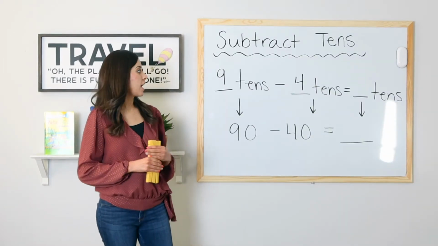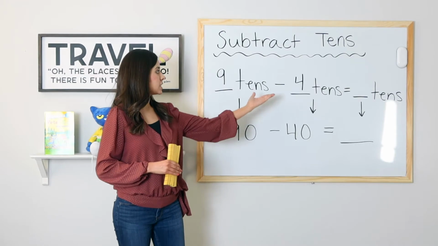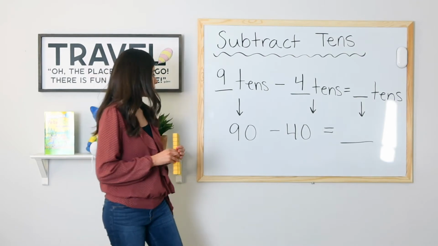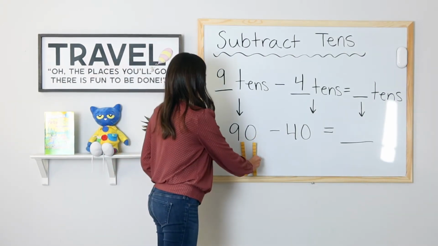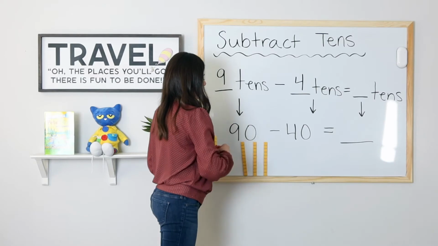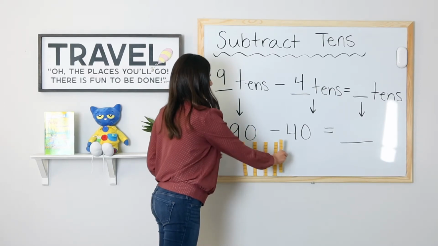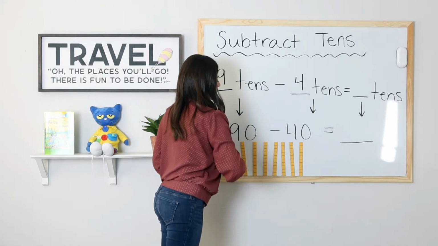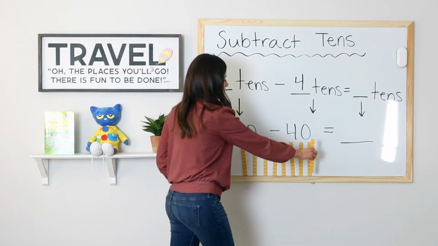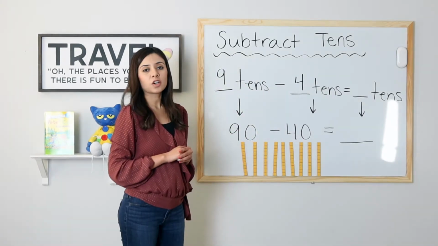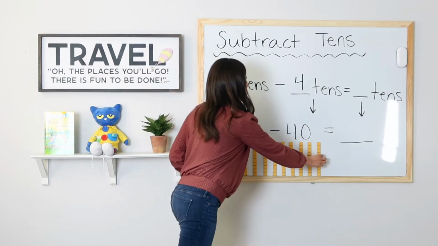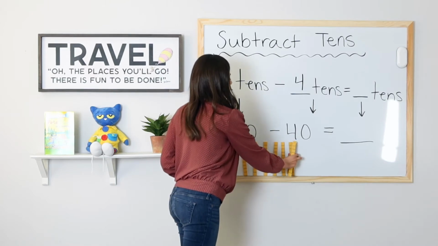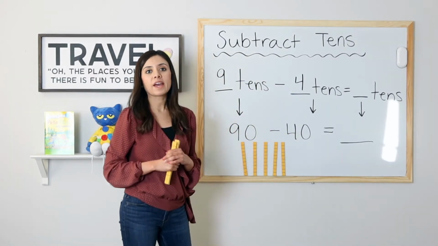Example 3. I have 9 tens minus 4 tens. Ready? Let's hold up 9 tens and take away 4. 1 ten, 2 tens, 3 tens, 4 tens, 5 tens, 6 tens, 7 tens, 8 tens, and 9 tens. Let's take away 4 tens. 1 ten, 2 tens, 3 tens, 4 tens. How many tens do I have left?